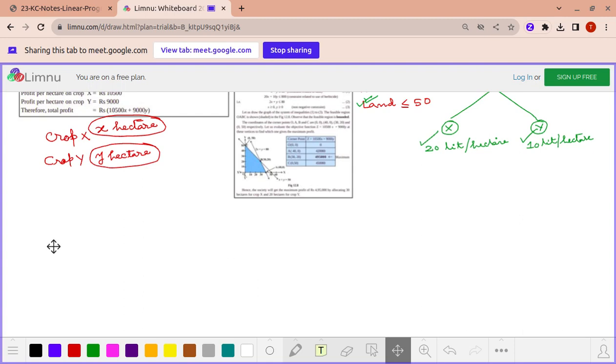So let me write down the objective function here. Maximize Z equal to 10,500 X plus 9,000 Y. Okay, so that is the objective function. Now what are the constraints? Those constraints are coming under subject to.